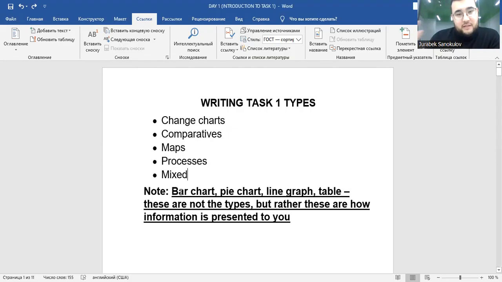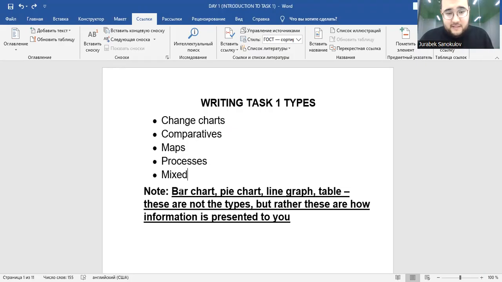But before we get to the main point, I need to address this. Some of you might be confused why we don't say bar charts, pie charts, and line graphs and tables, right? So we don't say that because these are not the types. These are just pictures and these are just ways in which information is presented to you, right?